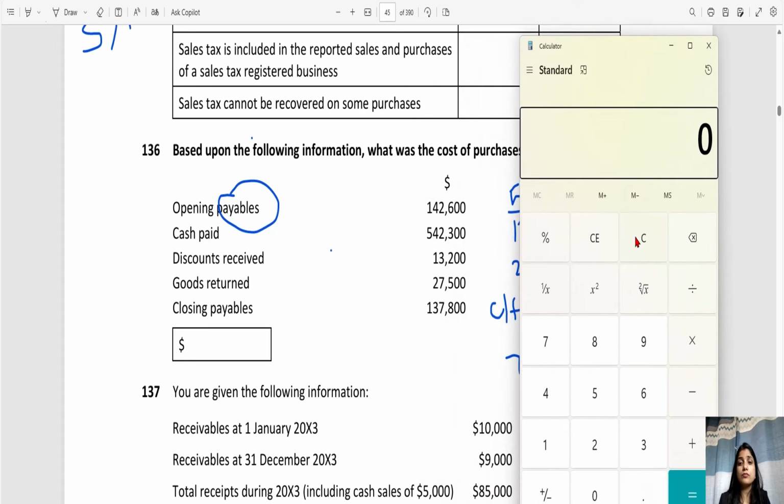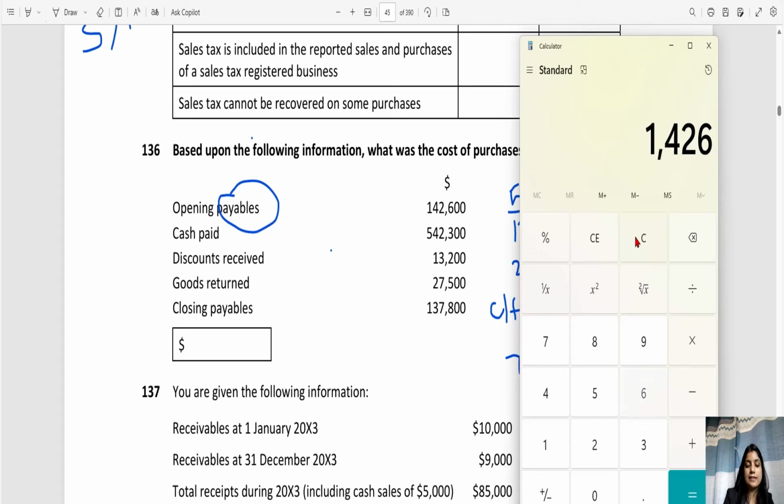If it is the opening payables, obviously it will be positive 600, and the cash paid will reduce the payable balance, so we will subtract 542300, and discount received, again it will reduce the payable, 13200. Again for the goods return, same case, 27,500, and for the closing payable again we will subtract 137,800. You will get the same answer like we did earlier.